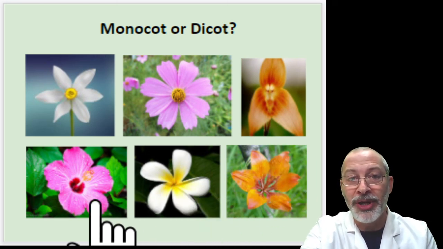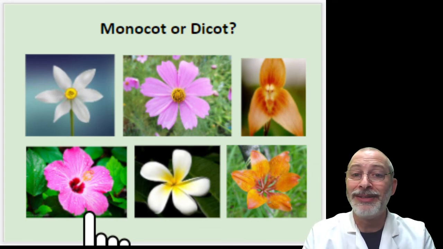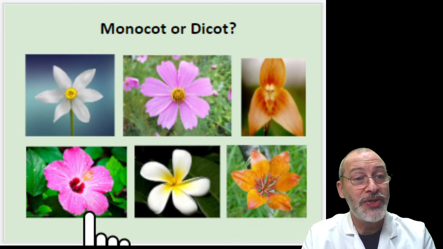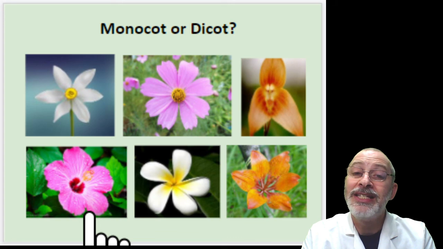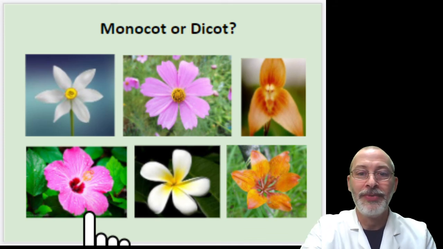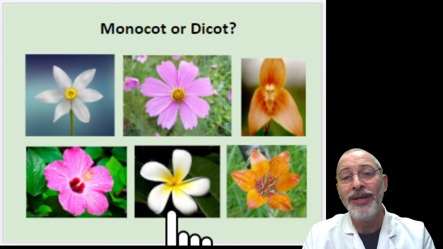All right, the pretty pink one down here, monocot or dicot? Hopefully you said it is a dicot because it has 5 petals and 5 is a multiple of 5. Let's check out this one as well, monocot or dicot?